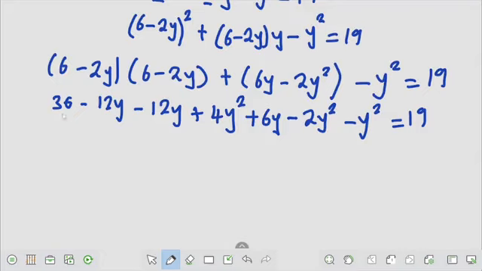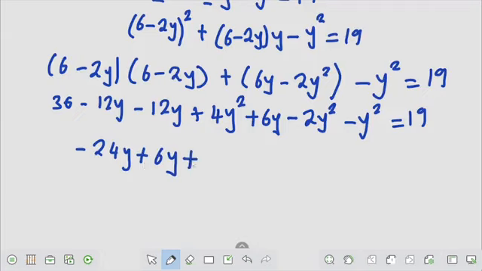This 36 can go to the right hand side because it is just a number without any variable. So we can have negative 12y minus 12y, which would be negative 24y. Then negative 24y will be paired with this one, plus 6y, because these are like terms.